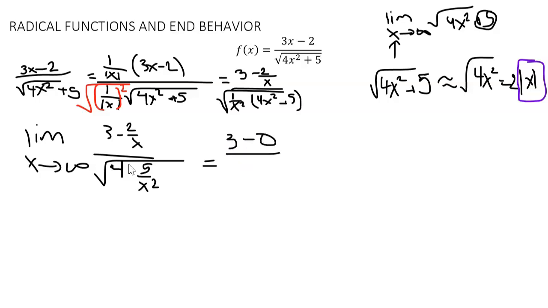And my denominator, since 5 over x squared also approaches 0, is the square root of 4. And so that means that my limit as x approaches infinity is 3 over 2. And that's how I'm going to use this same factoring strategy, this rational problem, to evaluate a radical limit.